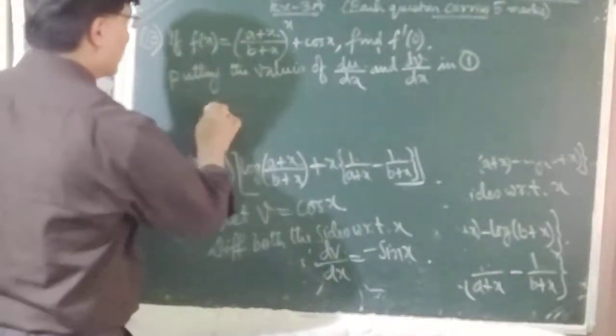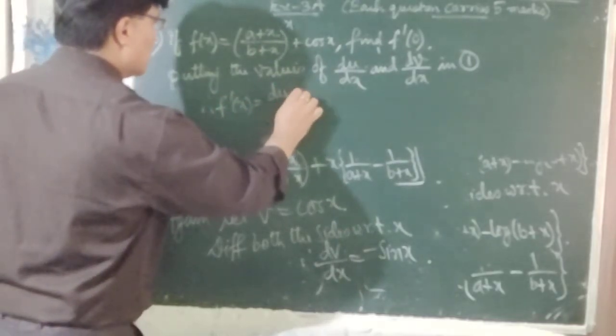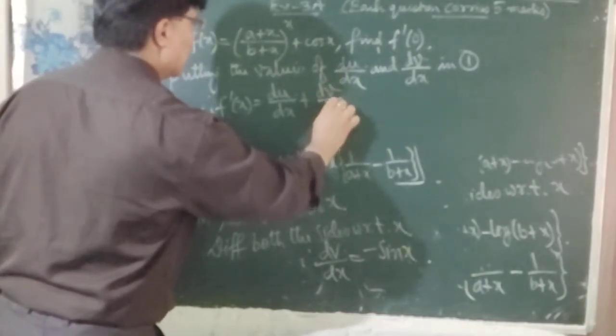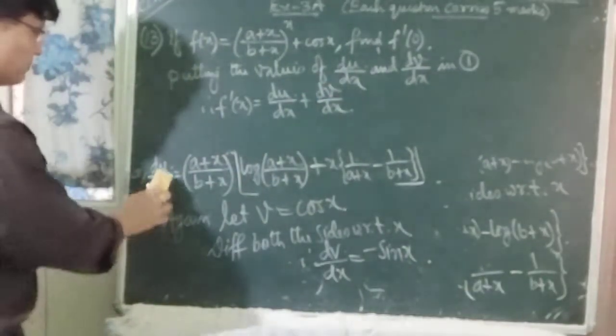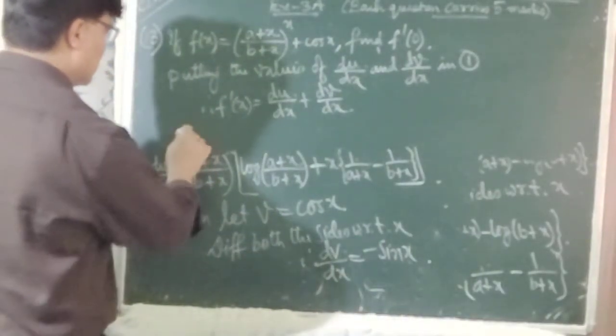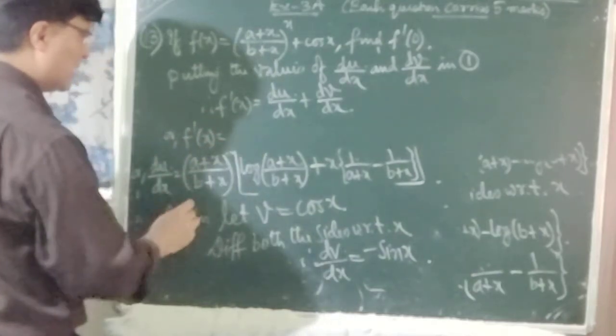So what was number 1 actually? It is f dash of x is equal to du by dx plus dv by dx. Is that clear? So now let us put the value for du by dx.